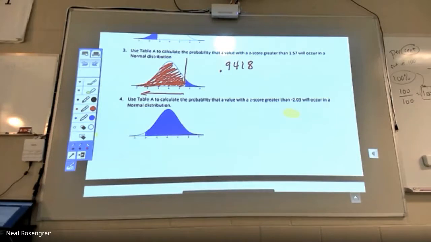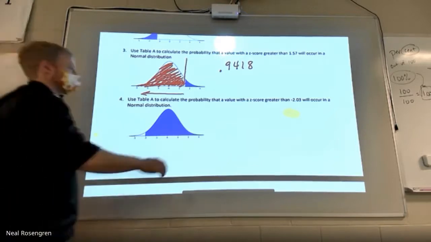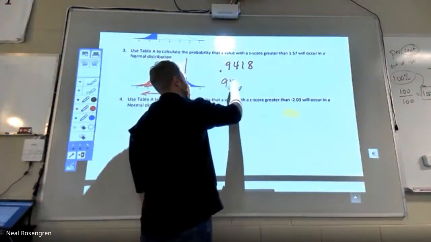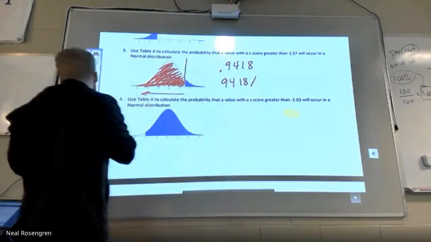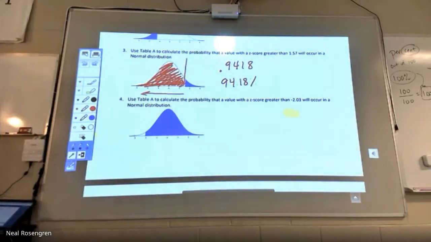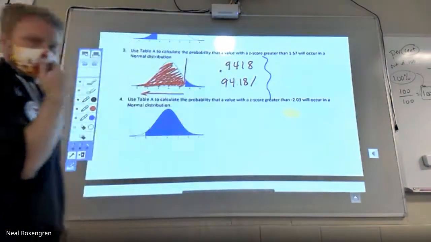Dark's a little weird because it's not just a circle. But you know what I'm talking about, like just picking out a number. I don't want that. I want the number in the blue space. Okay, well, if you want 94.18%, that's the chances of you falling into the red spot. That's not what I want. I want the blue.